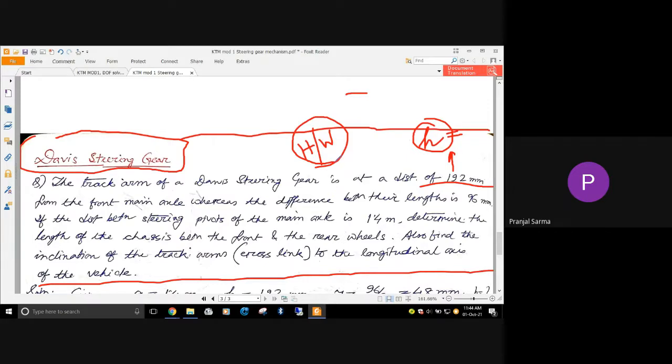You also need to find out the inclination of the track arms to the longitudinal axis of the vehicle. The track arm is nothing but the cross link. We have already seen those alpha angles, which one is making an angle with the vertical or horizontal, so be careful about that. This is your homework.